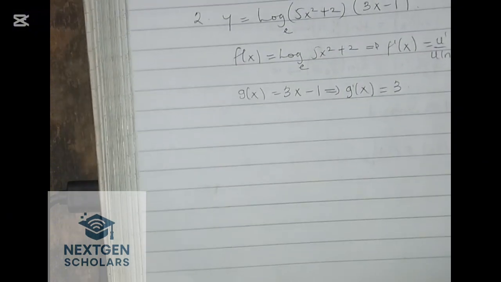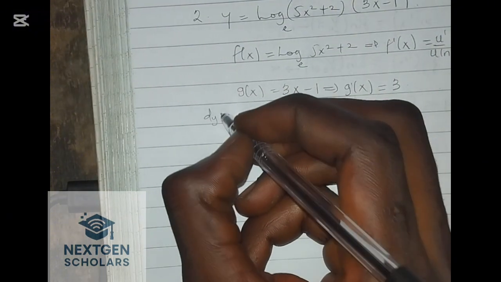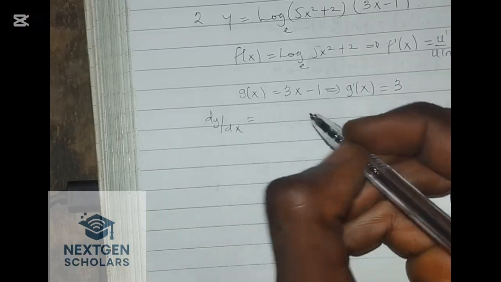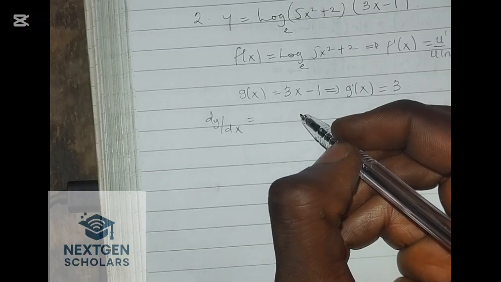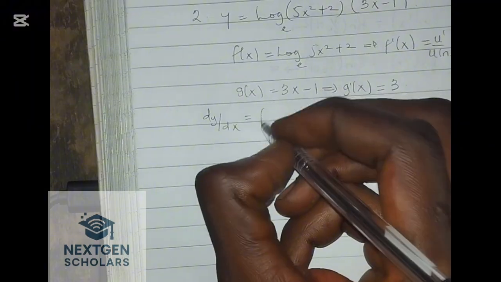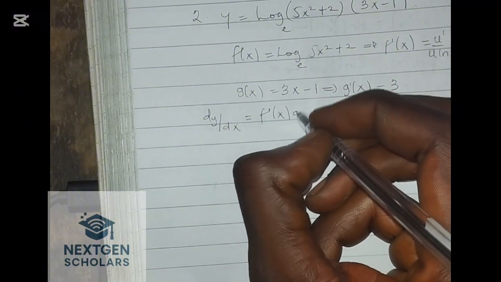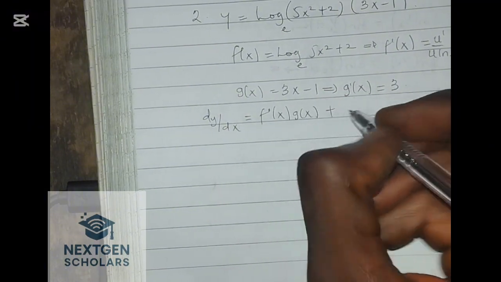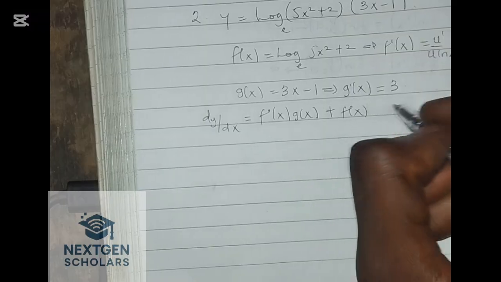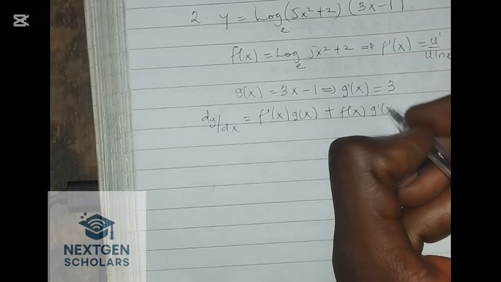So the formula says dy/dx is f prime of x, keep the second function, plus keep the first function and take g prime of the second function.